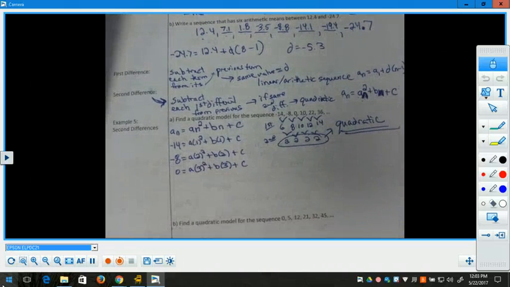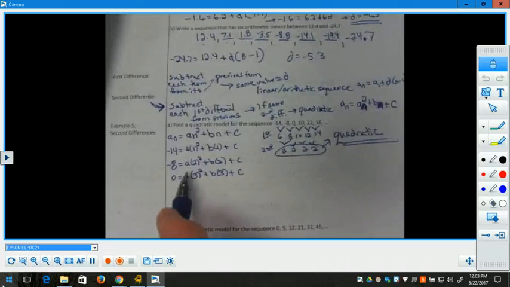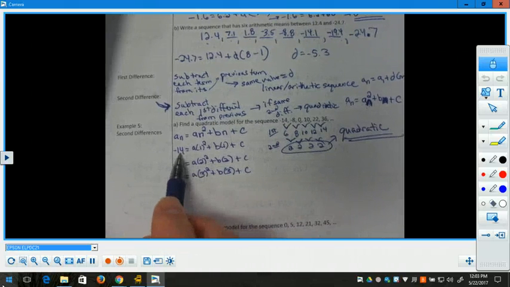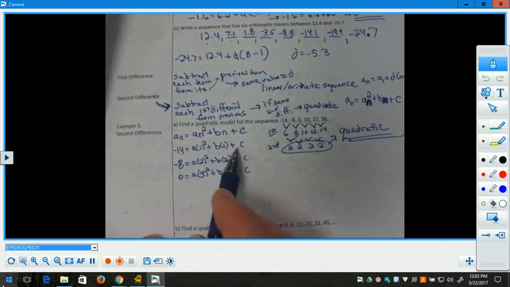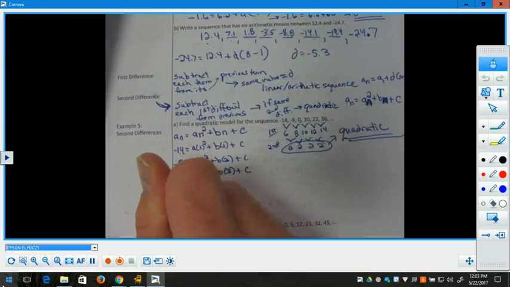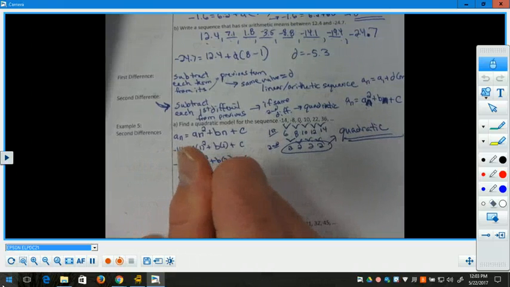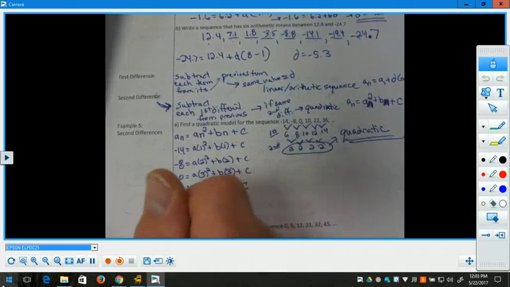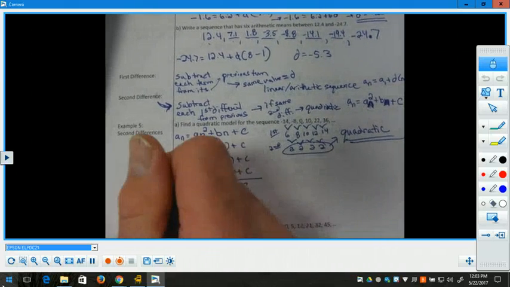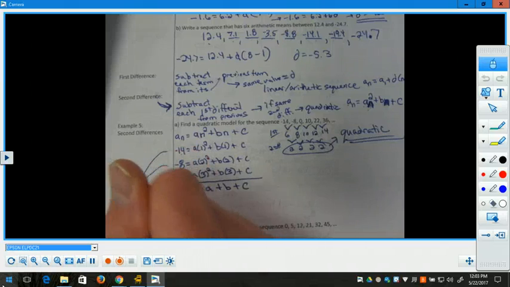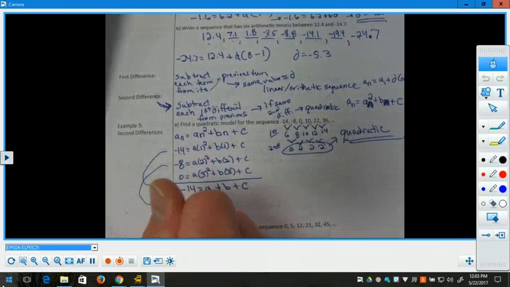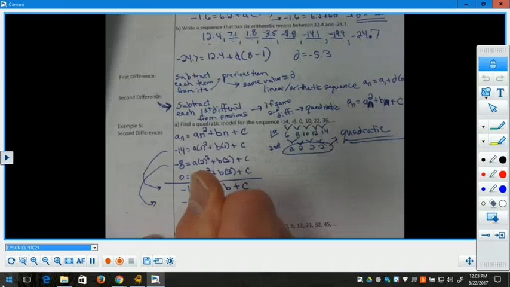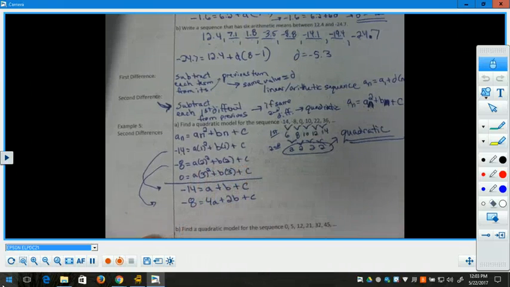So in terms of our system of equations, I have the following. Negative 14 equals 1a plus 1b plus 1c, or a plus b plus c. In terms of our second equation, I have negative 8 equals 4a plus 2b plus c.